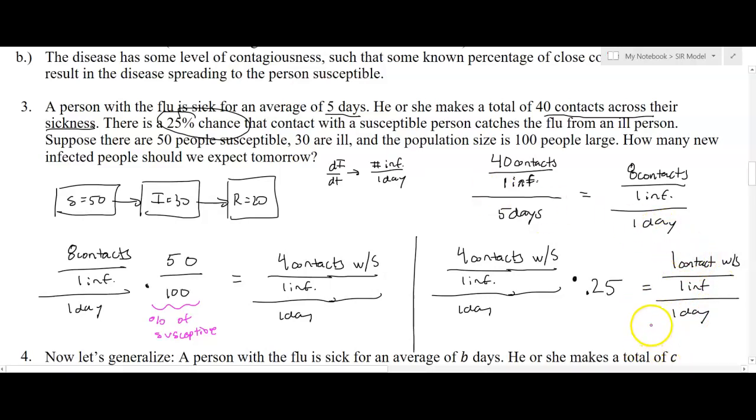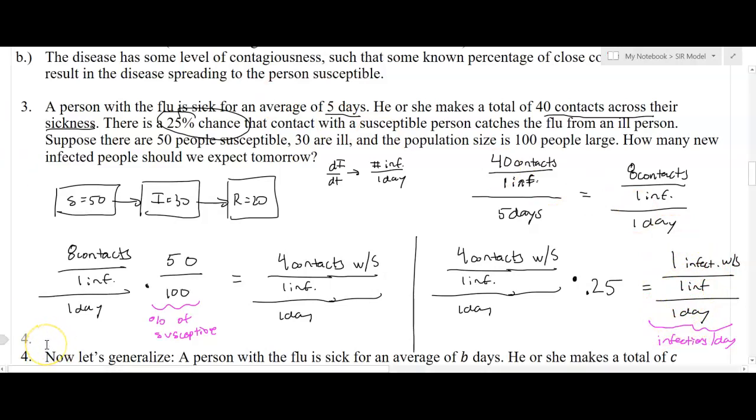So you can think about this as infections per day. So maybe I don't even want to call this contact anymore. Maybe I just want to call this infections. So one infection per one infected person. So one infected person will cause one infection per 1 day.